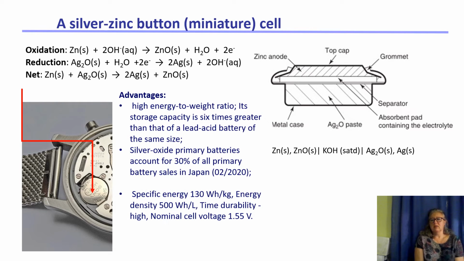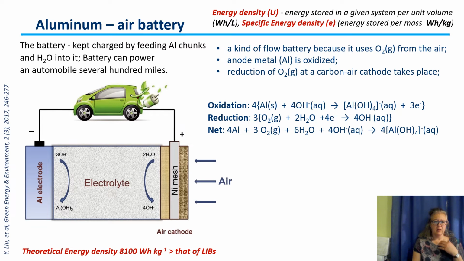A good example of an air battery is the aluminum air battery. This is a kind of flow battery because it uses oxygen from the air, which is known as an air battery.